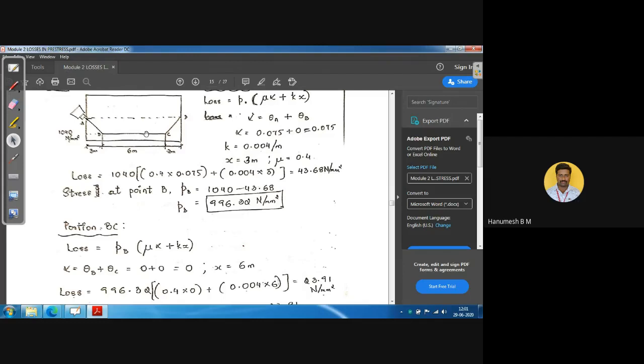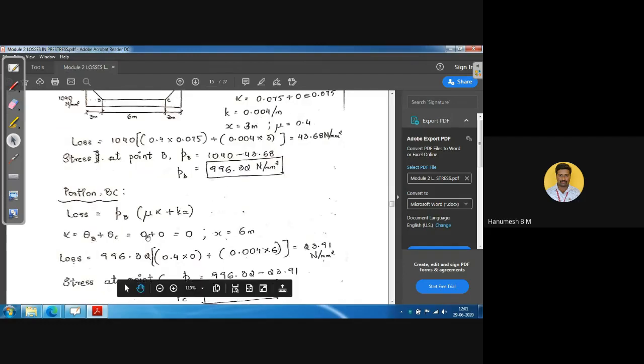Means theta B and theta C is equal to 0. If theta B and theta C are 0, then obviously alpha is equal to addition of these two, it will be 0. Now x, BC portion span is 6 meter, means we need to take 6 meter.